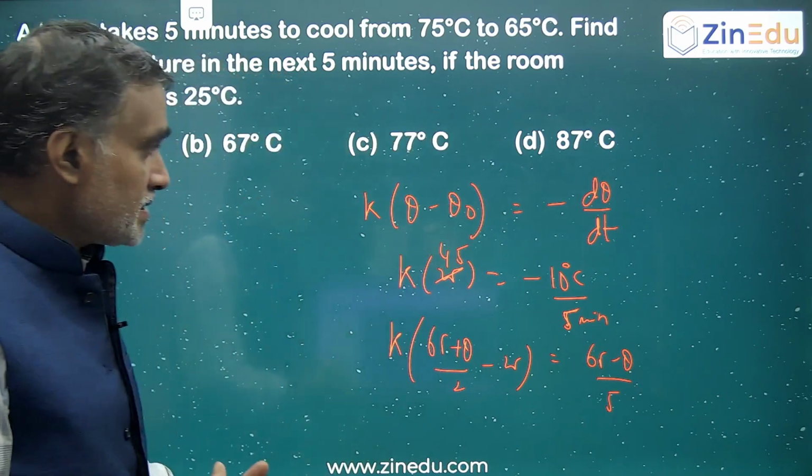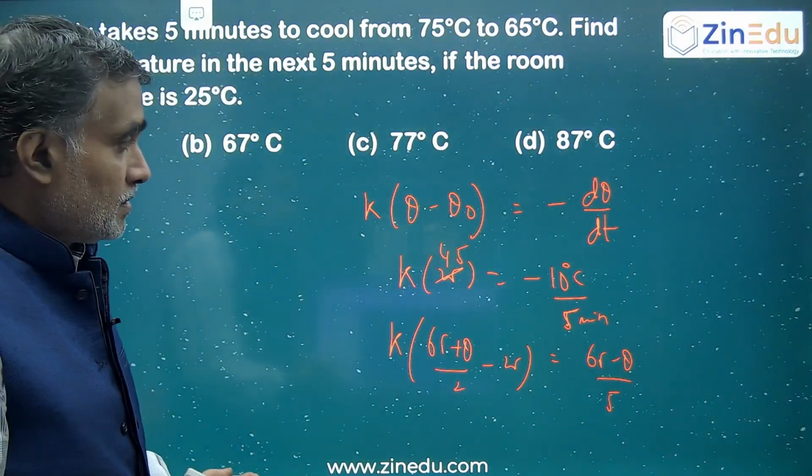Then divide both equations and cross multiply, and I will get theta. That is how we can do it.